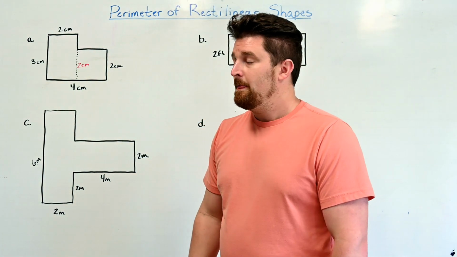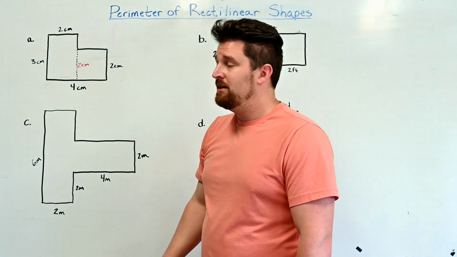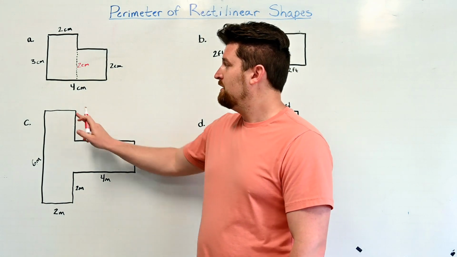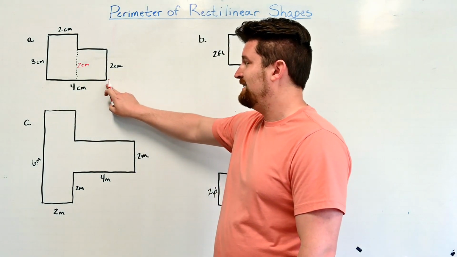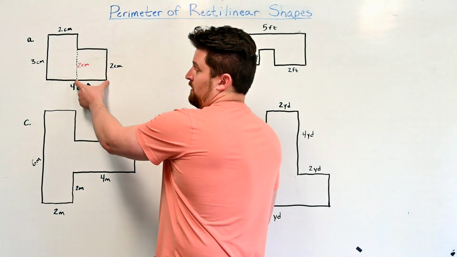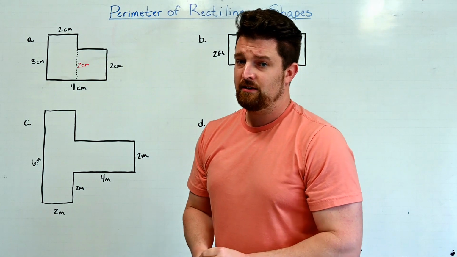Now I want you to be very careful with rectilinear shapes. This whole entire side is 4 centimeters. So not just this part is 4, but this whole entire side is 4 centimeters.